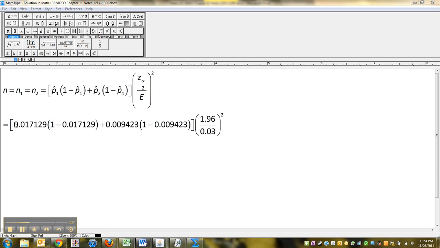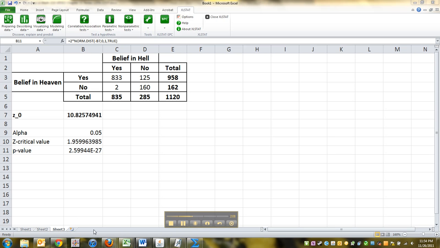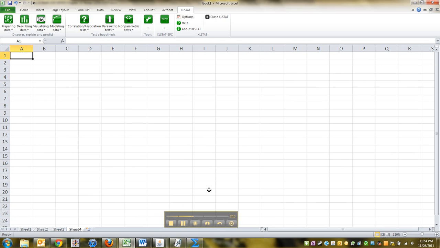Let me just mention a couple things here. I know that z alpha over 2 is 1.96 because we've calculated it so many times, but just in case you don't believe me, let me set up the spreadsheet.